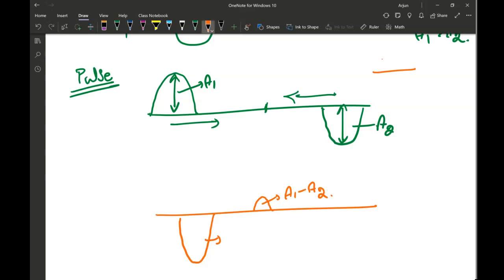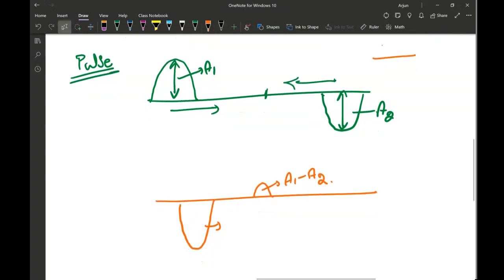In the same way, when the waves are traveling, damping is a form of friction, you can call it. So this wave will have an amplitude of A2, and this pulse will have the amplitude of A1, once they pass through each other. So that's why I use the term at that particular moment.